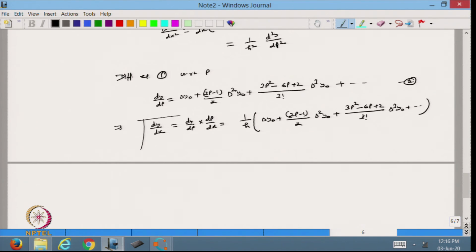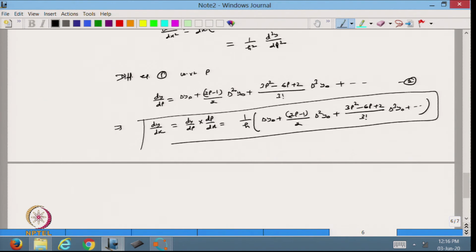So, based on this one I can find the value of the derivative directly from here. I put the value of y, I put all these difference values here, putting the value of p, whatever p value we want, we can choose from there, and multiply by 1 by h, it will give you the value of the derivative for the given x.